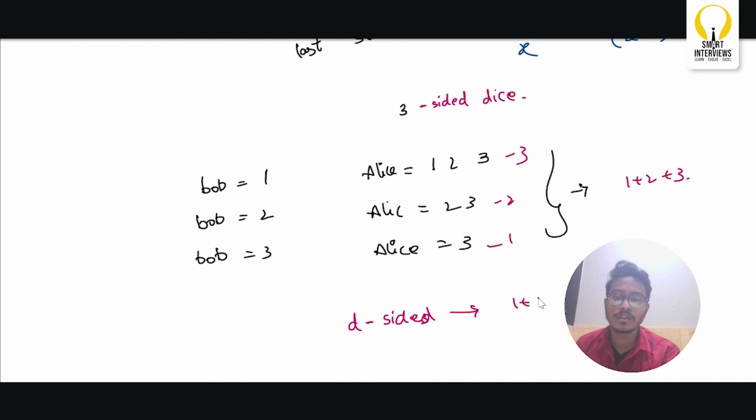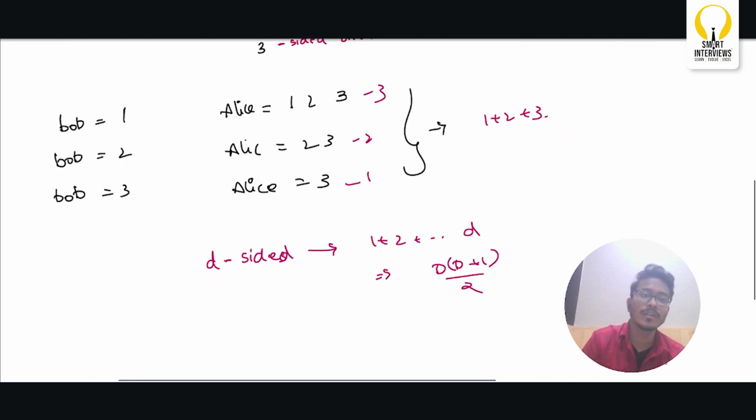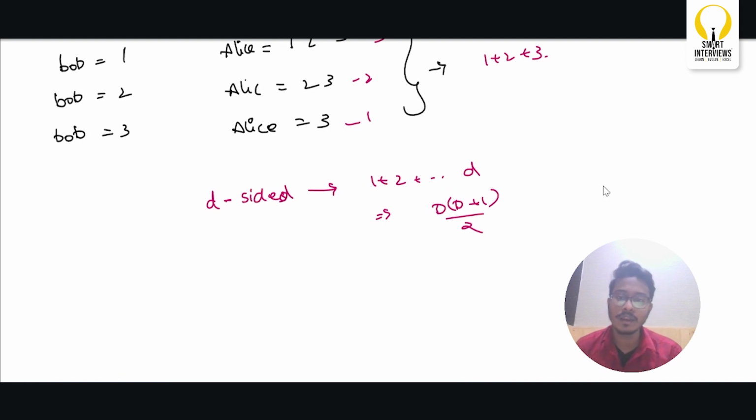It will be 1 plus 2 plus so on till D, which is nothing but the sum of the first D natural numbers, which is D into D plus 1 by 2. Yes. So in these many ways, Alice can make a move by rolling the dice. Yes. Now, what is the total number of ways? Total number of ways. So that is the probability, right? Probability is nothing but favorable by total. Yes, probability.